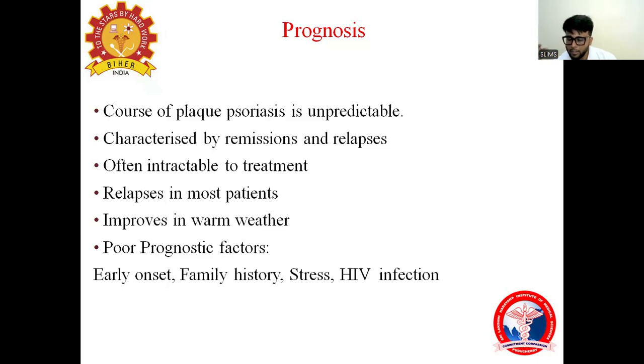Ask the patient to lose weight, as the most common complications of psoriasis are metabolic. We get psoriatic arthritis and cardiac complications in the long run. So I advise the patient with proper treatment. Thank you.